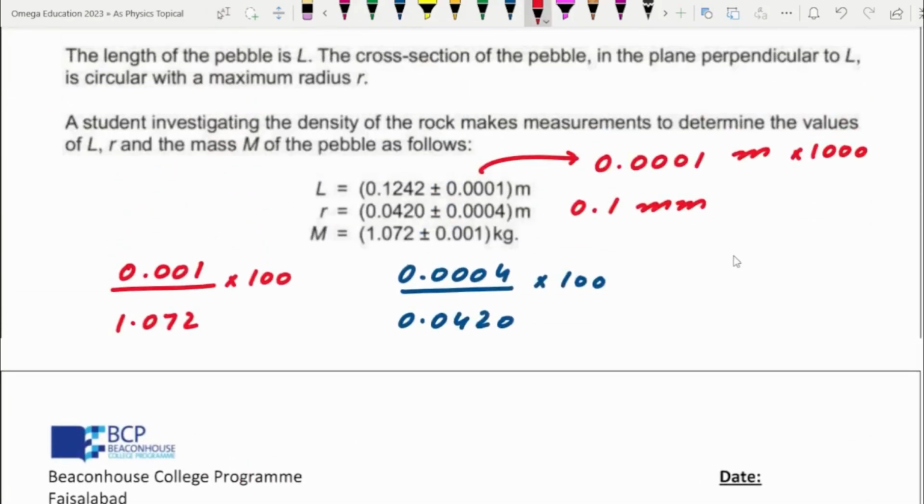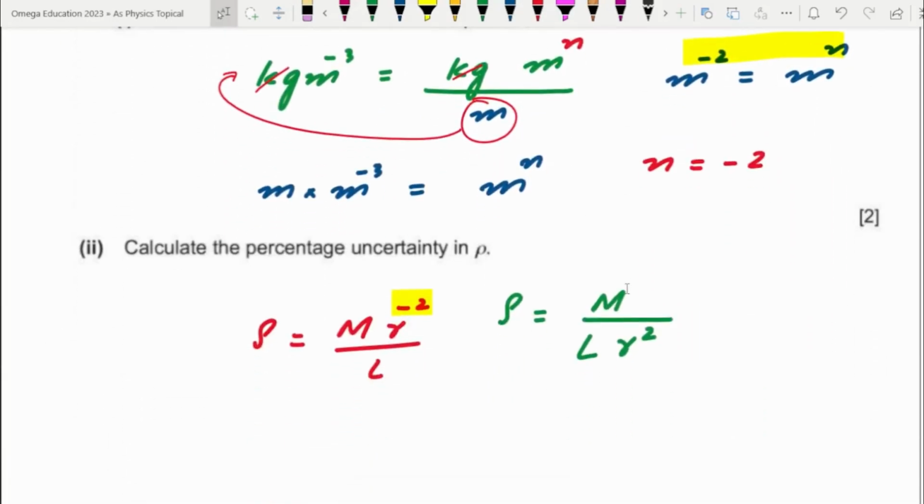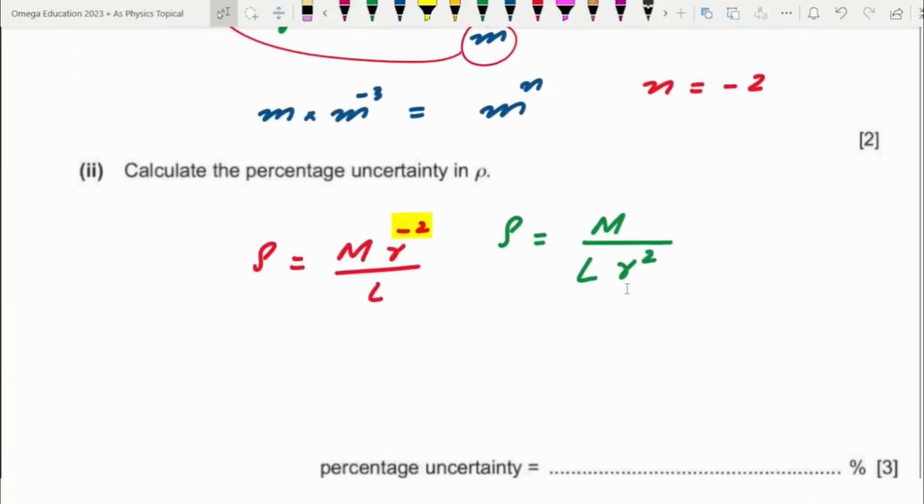And the percentage uncertainty of length would be 0.0001 divided by 0.1242 times 100. The only thing that you need to do is the percentage uncertainty of radius would be multiplied by 2.